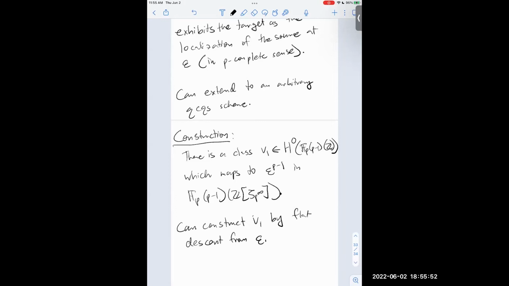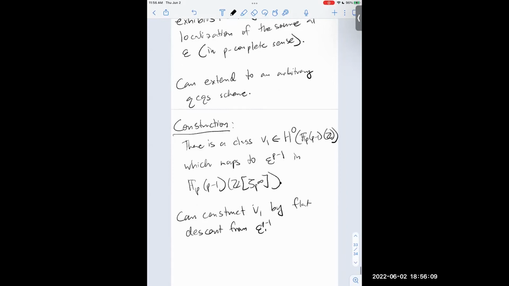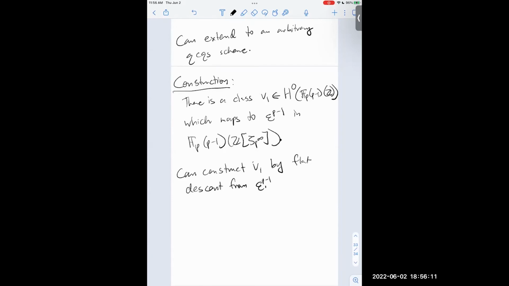from epsilon. Or well, I should say epsilon^{p-1}, because you can descend from Z_p adjoin zeta_{p^∞} to Z_p, and you check that it's in the appropriate equalizer, and that lets you produce v_1. I would say a little bit more about v_1, but let me just state the étale comparison theorem in this setting.